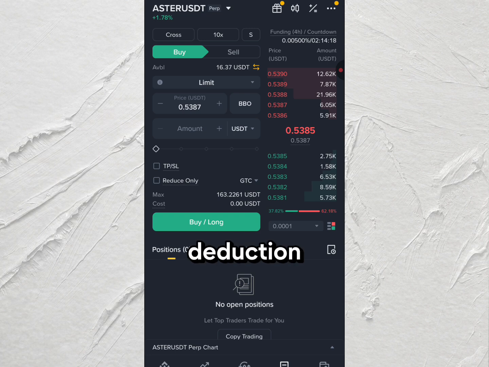All the deductions from funding rates and trading fee are deducted from your initial collateral, but the calculation takes place from the total amount that your portfolio is worth at that current moment of the market. So this amount can be more or less depending on the condition of the market.